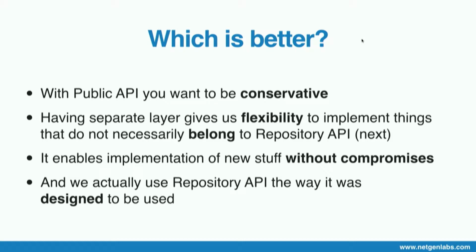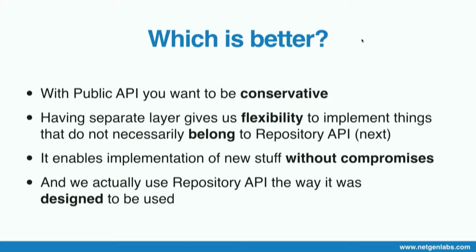If you want to implement, for example, a cache layer of the repository API, this could bring problems with itself. So basically, having a different layer enables you to do stuff without compromises. And it actually uses the repository API the way it was designed to be used. For me, the answer is obvious.